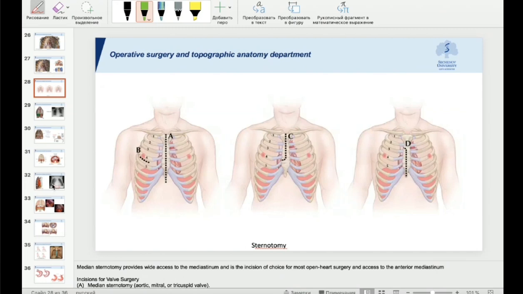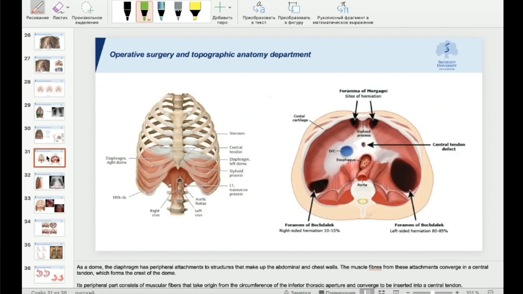A very interesting question is about hernias of the diaphragmatic region. You should remember hernias of the abdomen when we discuss inguinal hernia, femoral hernia, and hernia of the umbilical ring.